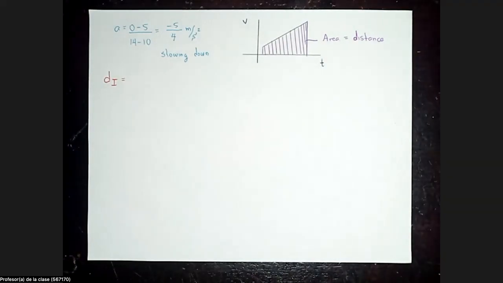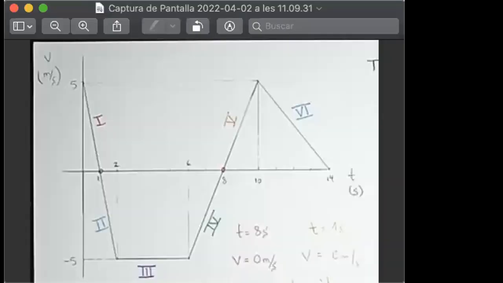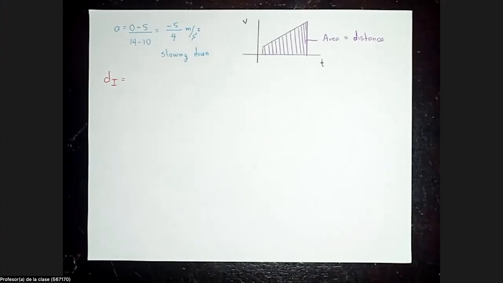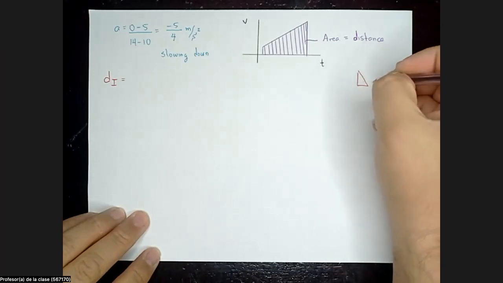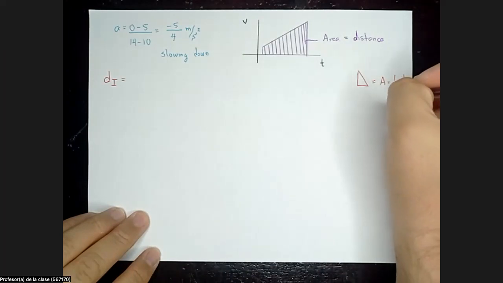So for our first interval, look at this. Our first interval is a triangle. So the area for a triangle is base by height divided by 2. Remember, the area of a triangle is going to be base by height divided by 2.